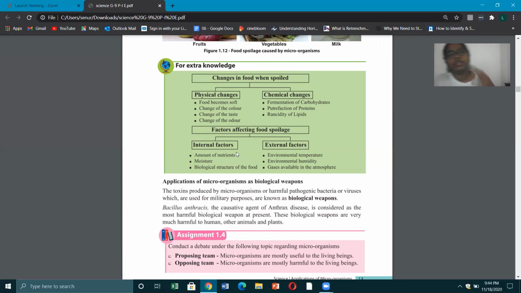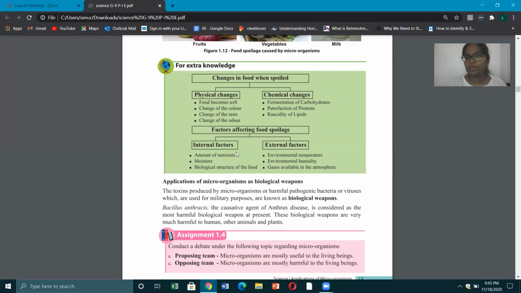Just imagine there's a type of food which you have to keep inside the refrigerator, but you're keeping it outside on the table for about two nights. Okay, so what happens? It will get spoiled. And environmental humidity. What do you mean by humidity? It is the moisture in the environment.